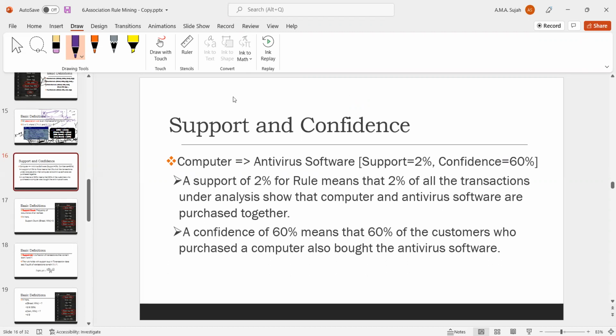Based on these two values, they will find some association rules and introduce promotions. So the support and confidence are defined by the knowledge experts in your business industry or the managerial team of your business.